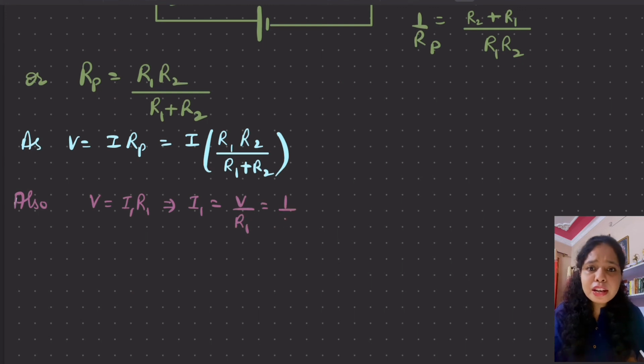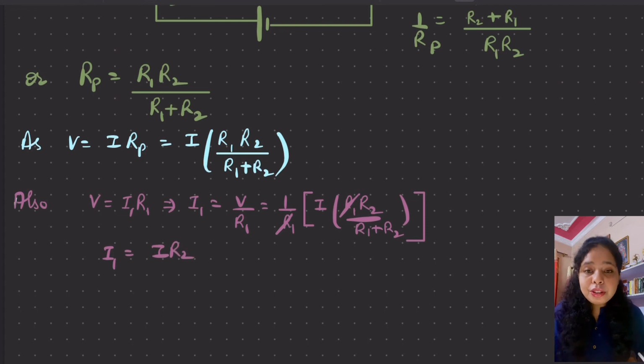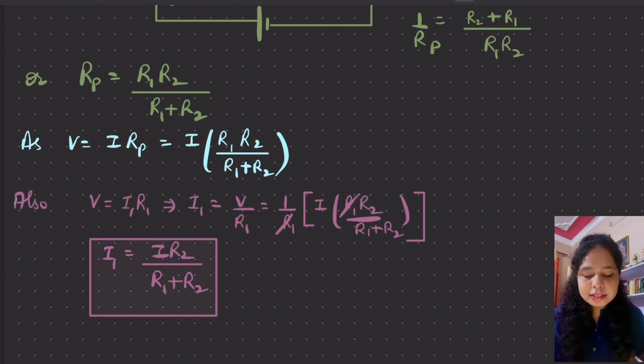So substituting the value of V in this equation, we have I1 is equal to 1 upon R1 multiplied by I. Inside the brackets, I will write R1 R2 upon R1 plus R2 and cancelling out R1, we are having an equation I1 is equal to I R2 upon R1 plus R2. So this is the branch current which is flowing through the resistor of resistance R1.